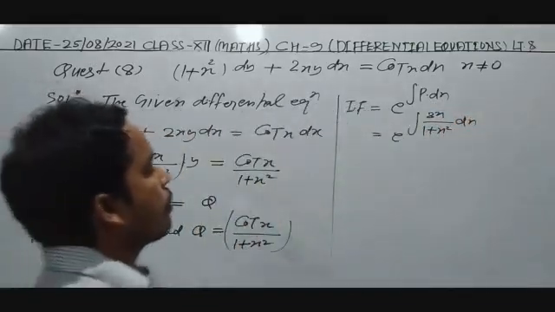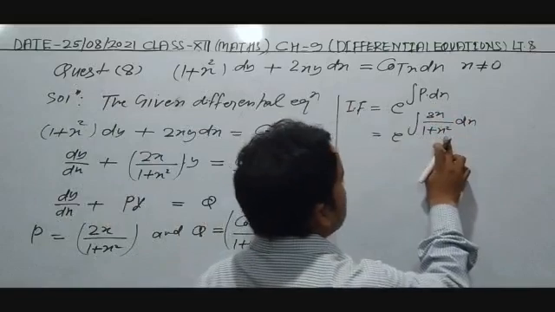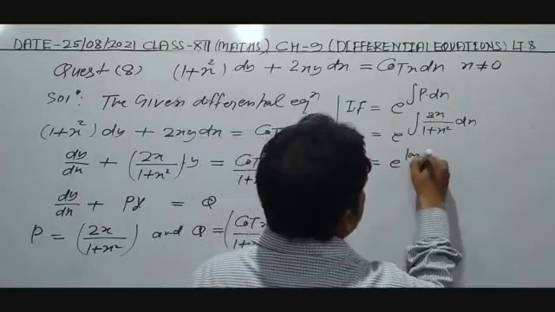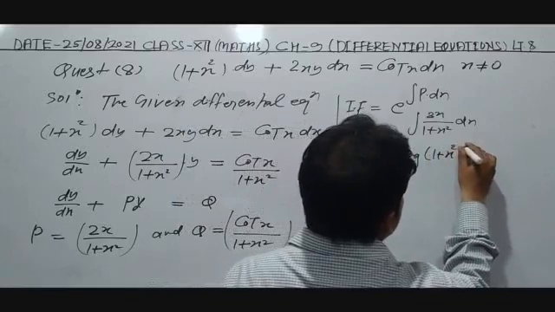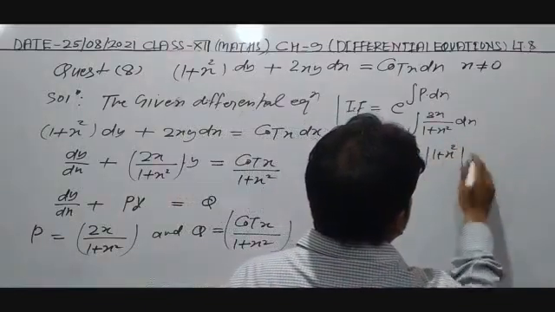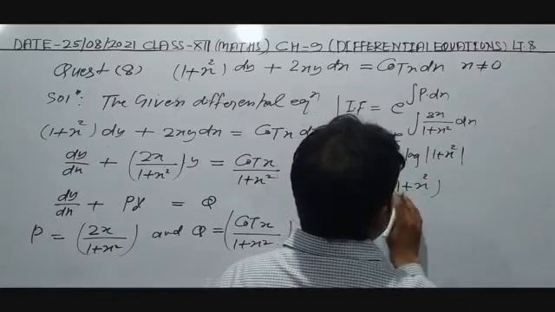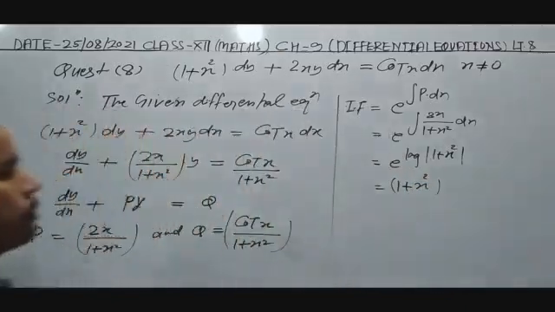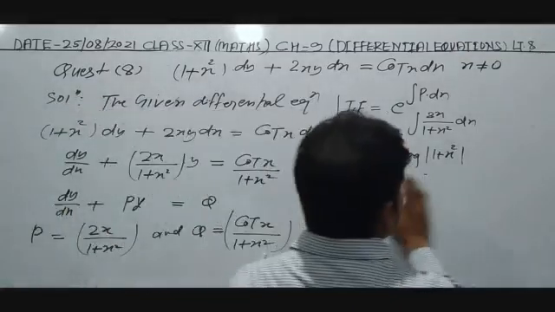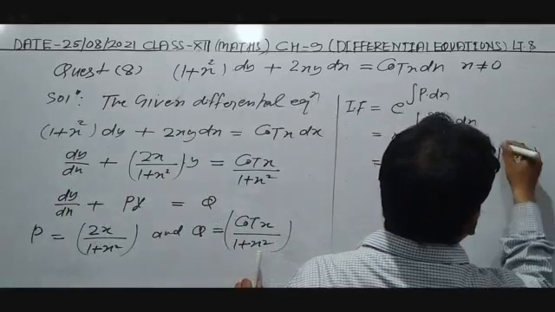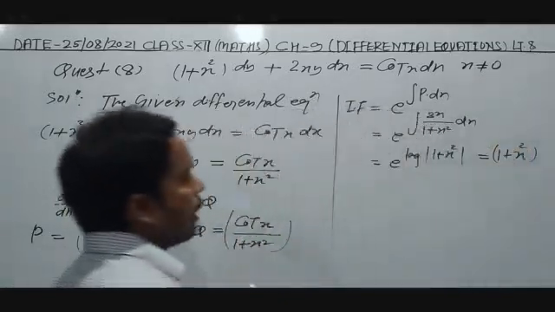Now consider 1 plus x square as t, so 1 by t dt gives log of t. So e to the power log of 1 plus x square, and its result will be 1 plus x square. So the integrating factor is 1 plus x square. I am writing here 1 plus x square. This is the integrating factor.